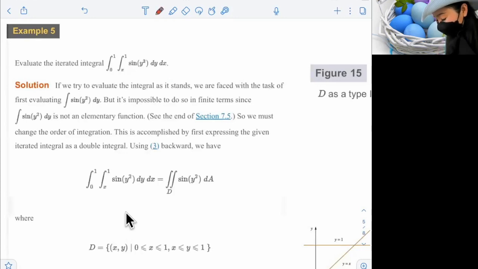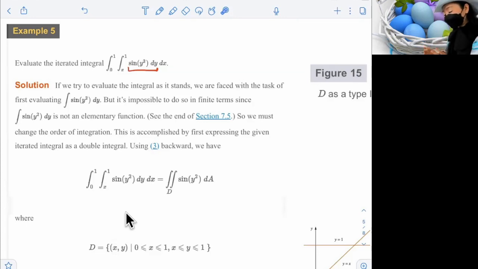What's the antiderivative of sine of y squared? Well, there's no elementary method to find the antiderivative of sine y squared with respect to y, right? In 110B, also in other courses, we don't have a method to evaluate the antiderivative of sine y squared with respect to y. There's no such elementary function, okay?